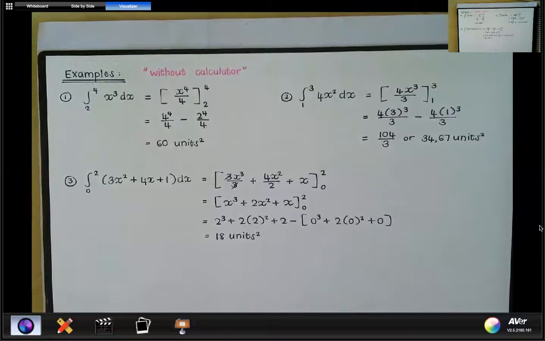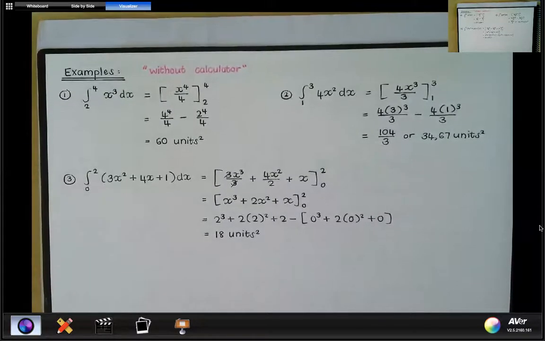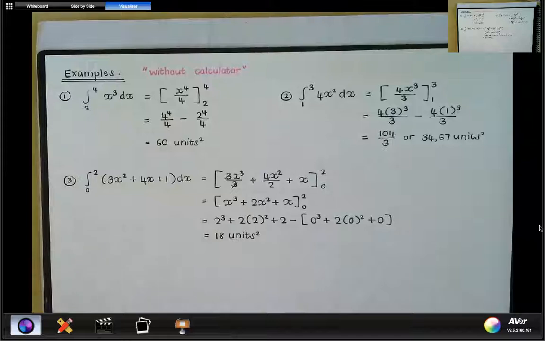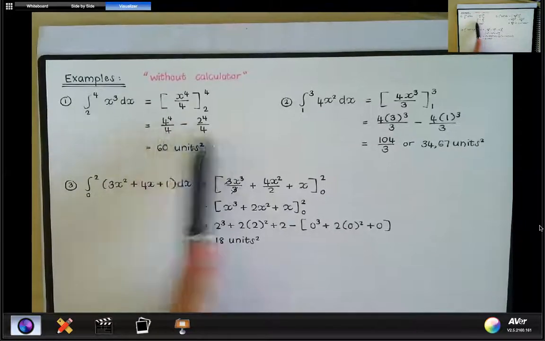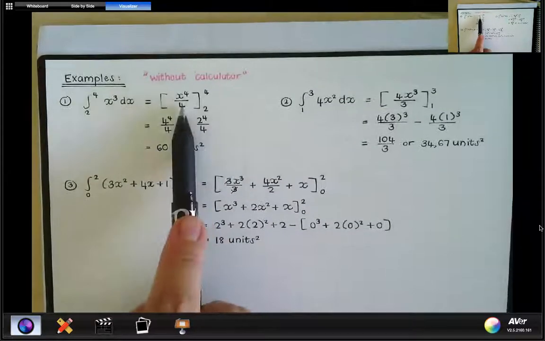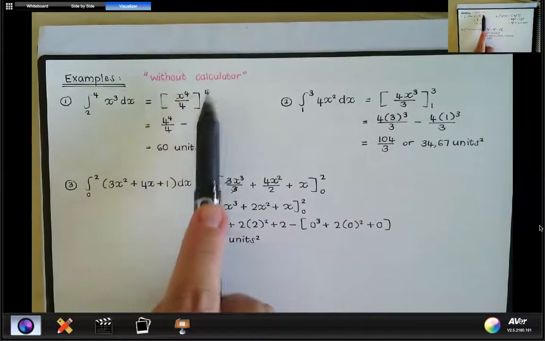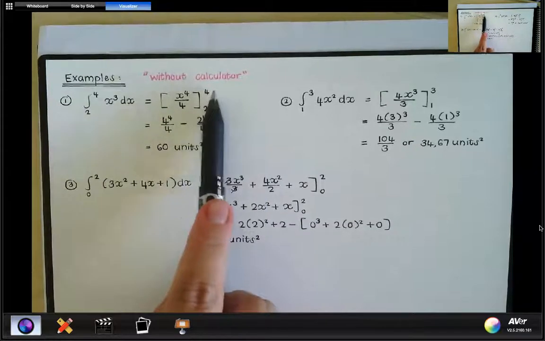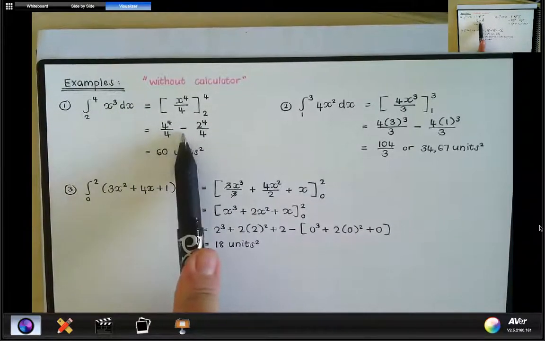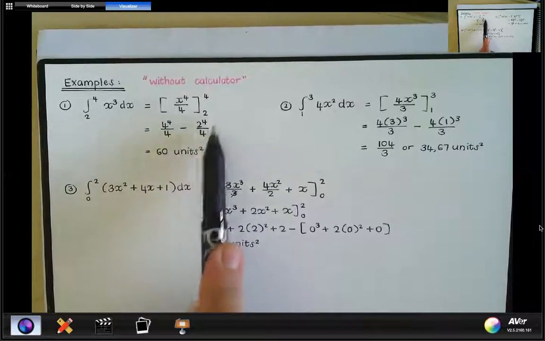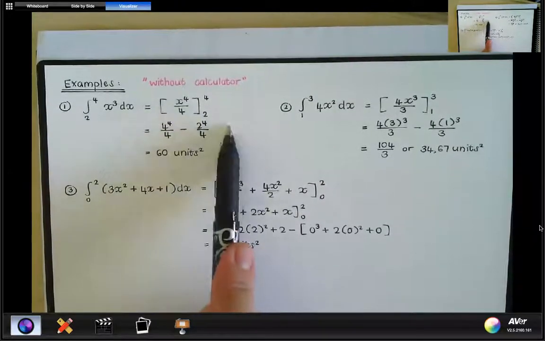Now, I haven't actually mentioned, but I hope that you guys noticed that I didn't put in a constant of integration for any of these. Okay, now you can if you want to, but it is practice to not do that, because when we are minusing, if we had an x to the 4 over 4 plus c, now you're subbing in your final x value, which will be 4 to the 4 over 4 plus c minus 2 to the 4 over 4 in brackets plus c.